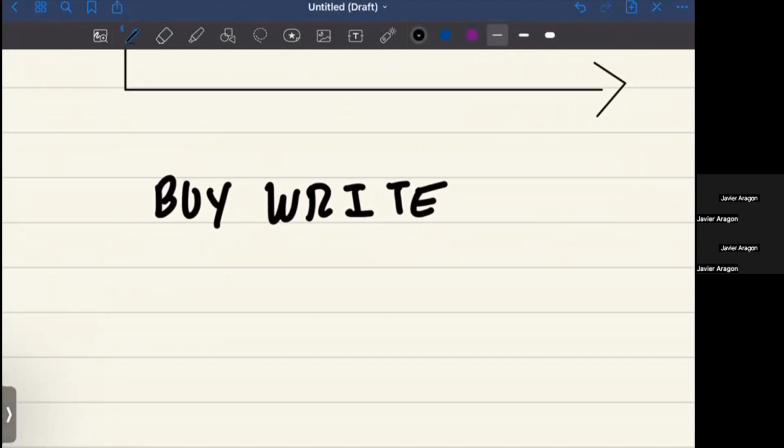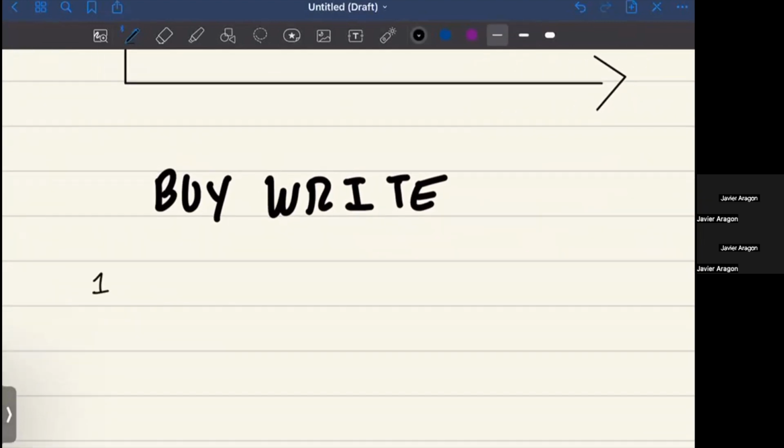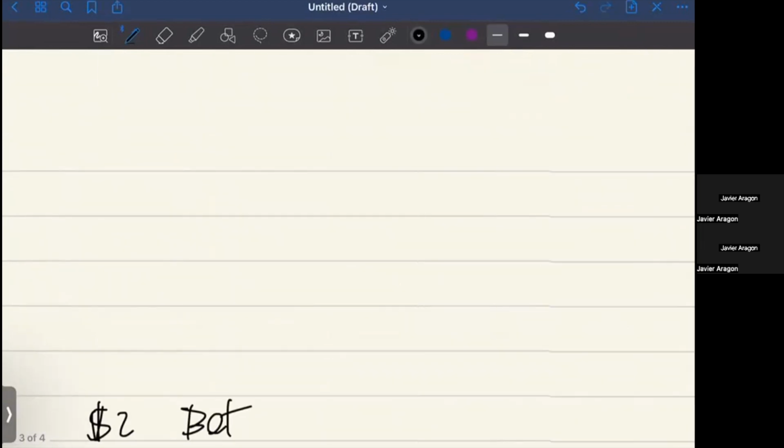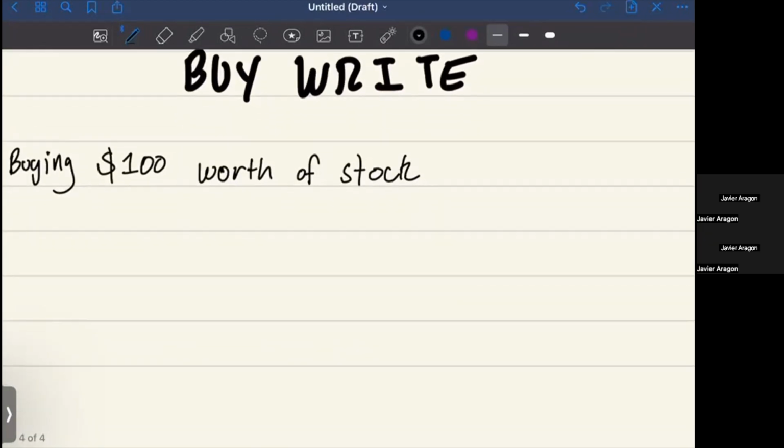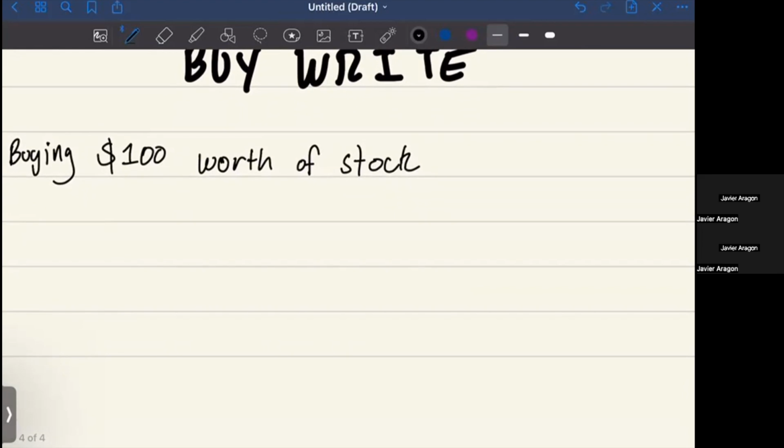Say you're buying $100 worth of stock, but you think, I don't want to invest that much, or I don't have that much, I need more cash for liquidity. What the covered call allows you to do is, say you sell a $5 option.